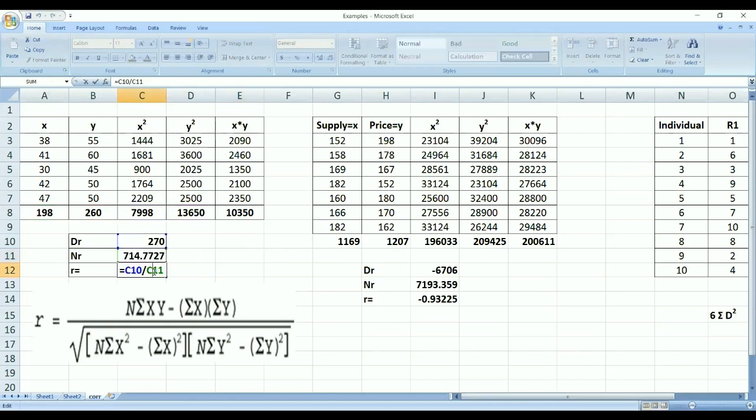Then after that you have to just divide denominator by numerator.